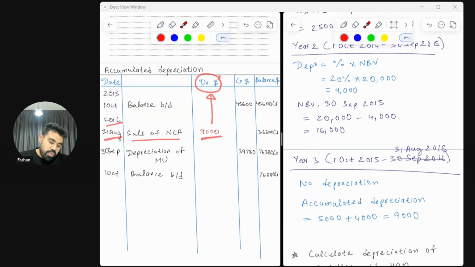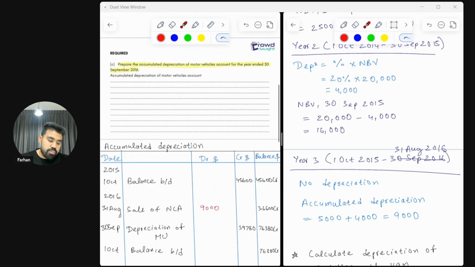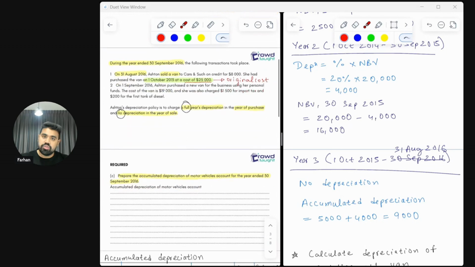Okay, so when this $9,000 is removed from $45,600 credit, we're left with $36,600 in credit, okay, as the net balance. Now let's look into other calculations that we may have, and then we will come back to this accumulated depreciation account. All right.